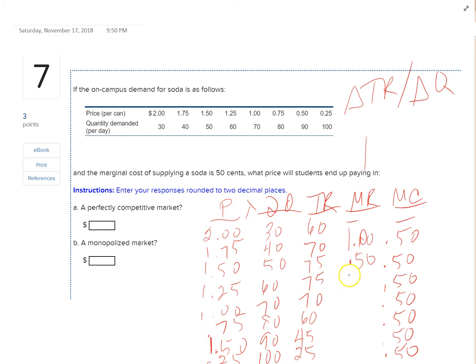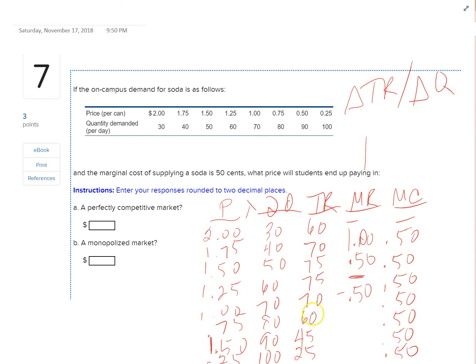Change is 0 divided by 10, which is going to be a little bit weird here, so because of that mathematical weirdness, we're just going to put no value there. From 75 to 70, we've got a negative 5 divided by the change of 10, and that's going to be a negative 0.50, so watch out for that.